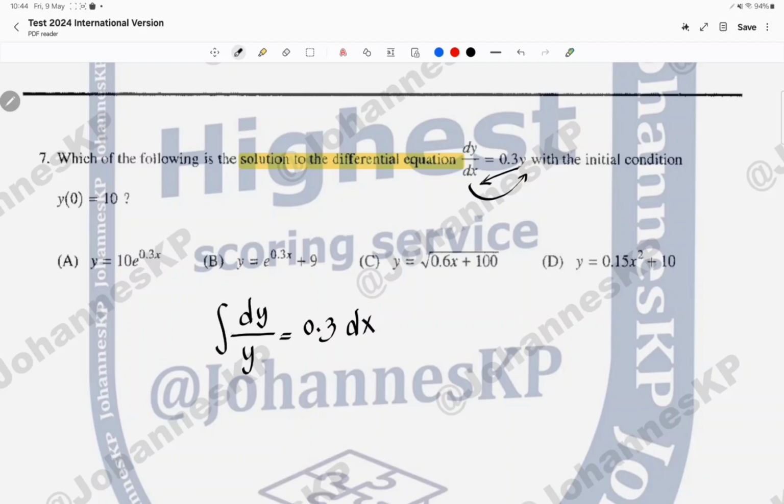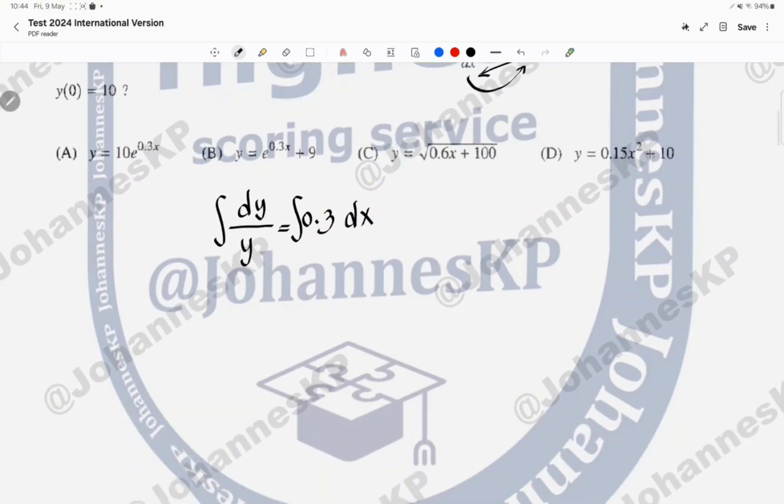And now we can integrate both sides. Do you know what's the integral when you have a single thing in the bottom, like a single power? Ln. Yeah, ln. So you're going to have ln of the absolute value of y. If you have integration of 1 over x dx, you get ln.